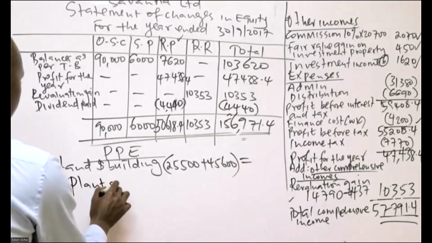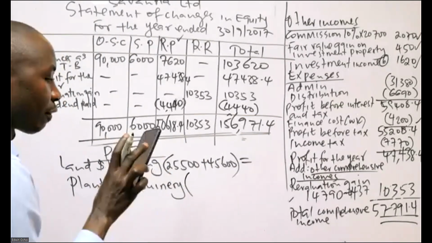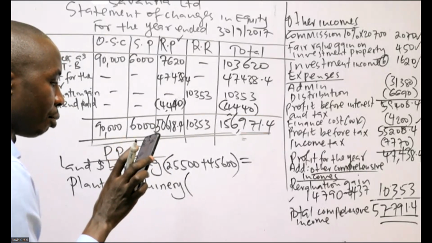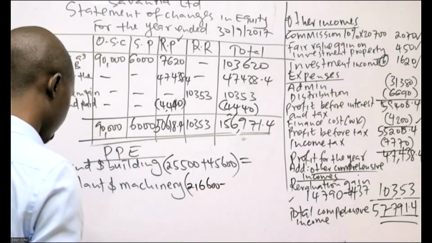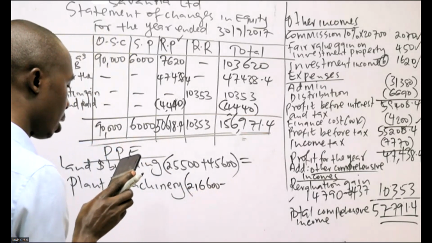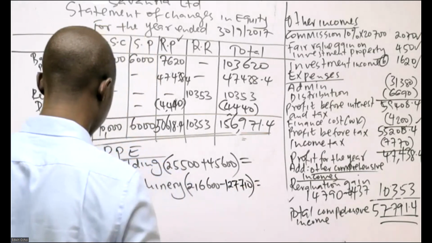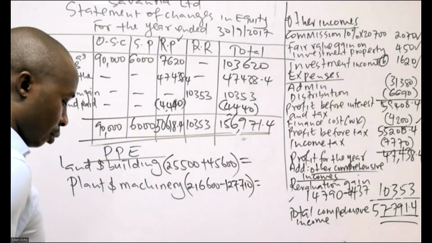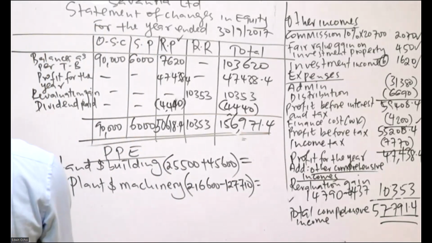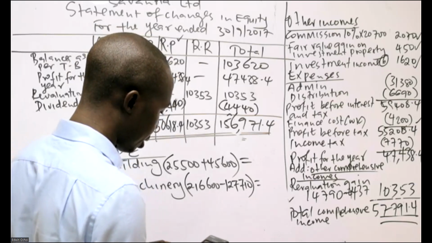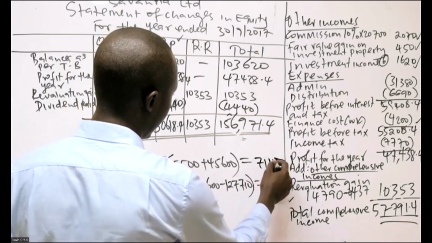Then there was plant and machinery. For the plant and machinery, it was 216,600 minus accumulated depreciation 127,710. So 25,500 plus 45,600 is 71,100.